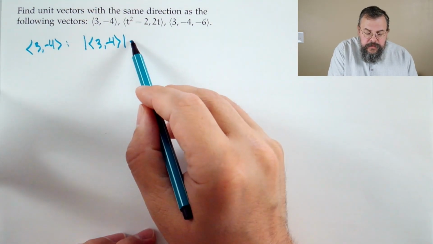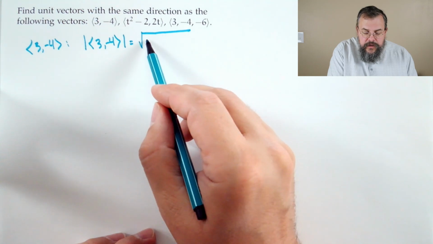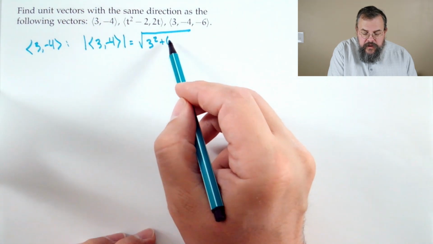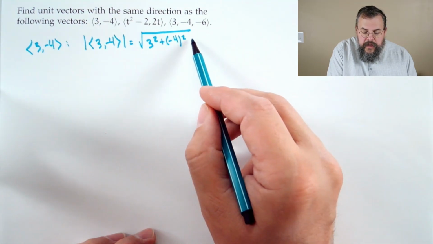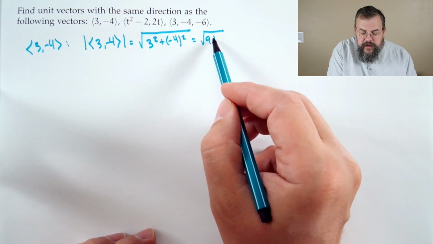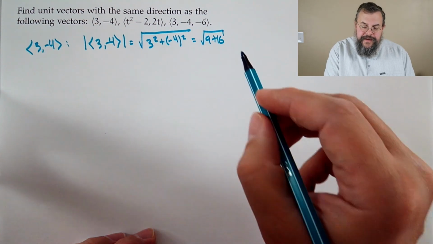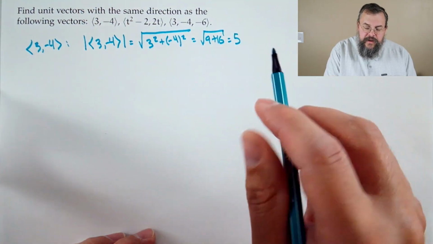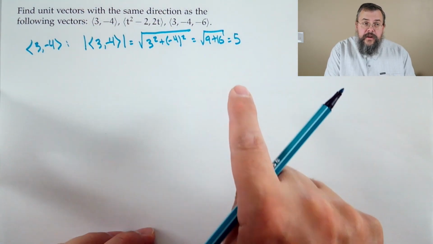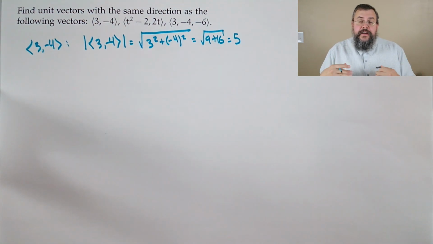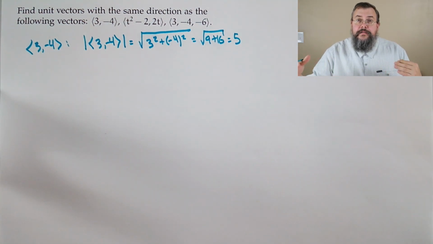So what is our change? Well, the square root of 3 squared plus -4 squared. That's really the square root of 9 plus 16. And nice numbers, the square root of 25 is 5. So that's our current length, which means it's not a unit vector. It's a vector which has length 5.